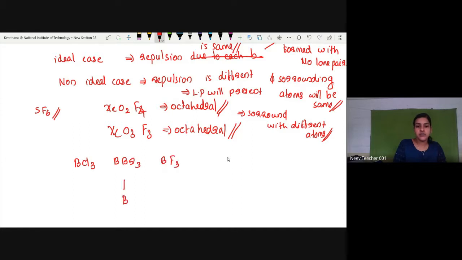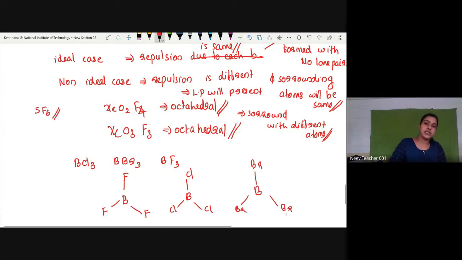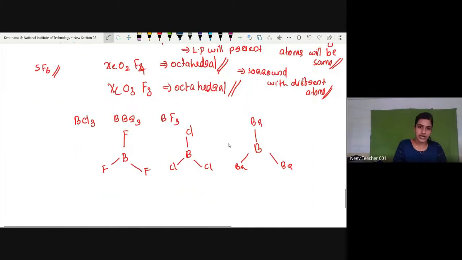So this is BF, BF, BF, BCl, BCl, BCl, and BBr, BBr, BBr. We can say fluorine is more electronegative and will attract the electrons towards itself. The electron cloud around the central atom, boron, is less.